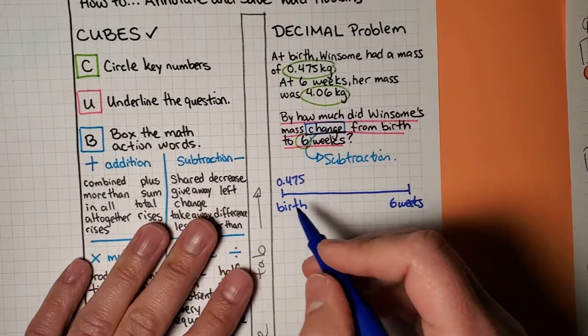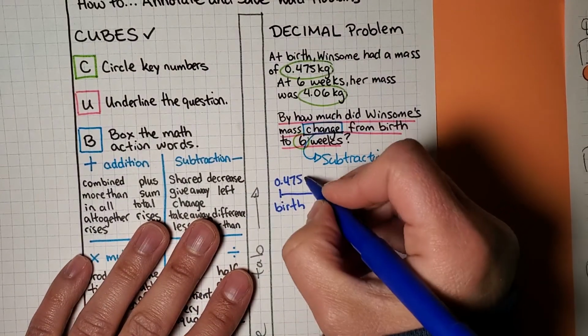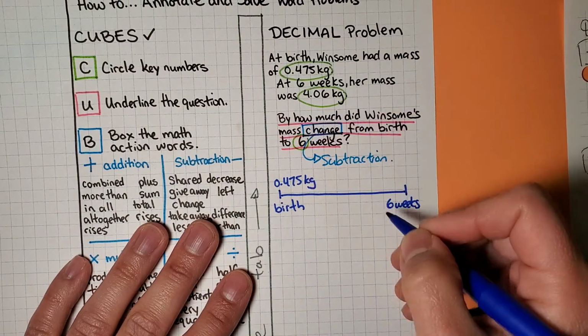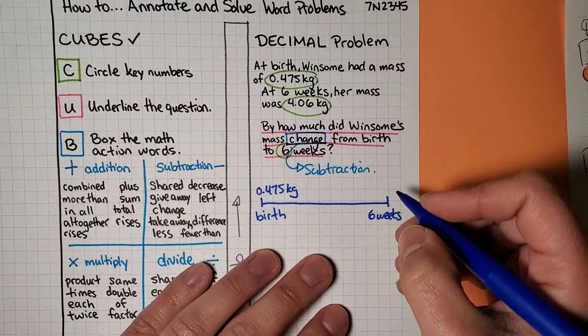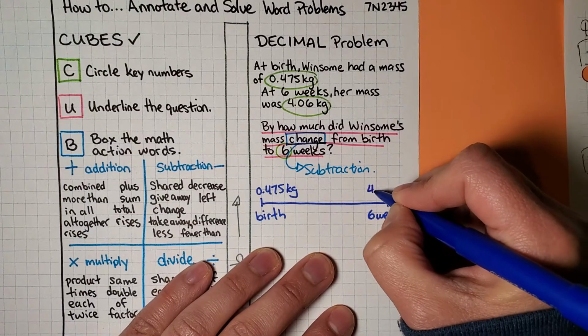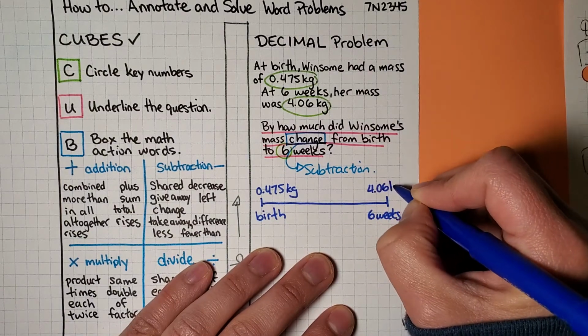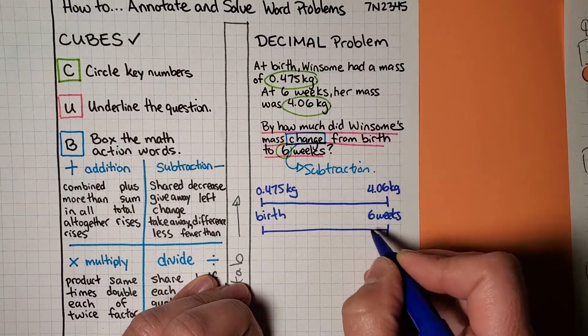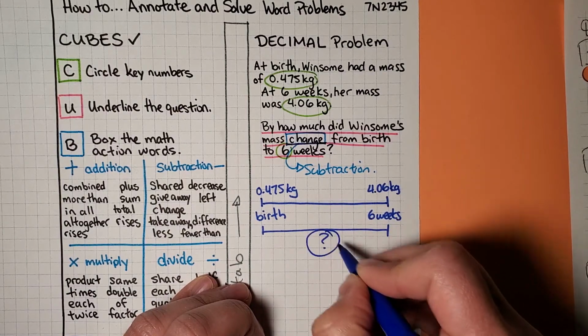So I've started it: birth, 0.475 kilograms, and then the mass after 6 weeks is 4.06 kilograms. This distance is what I'm trying to find out.